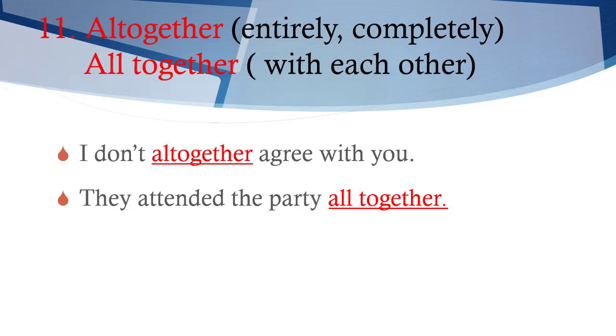I don't altogether agree with you. The first word means entirely, wholly, completely, which means I don't completely agree with you, means I totally disagree with you. The second, all together, is, they attended the party all together.